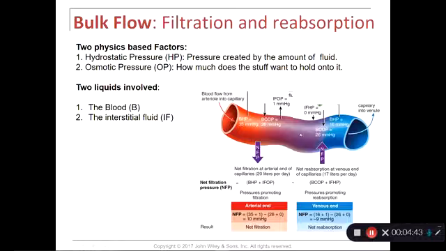But at the end, it's starting to favor pushing stuff back into the blood. The hydrostatic pressure of the interstitial fluid is starting to be a lot stronger than over here, so it's going to push it out. And the osmotic pressure of the blood is going to say, hey, give me that stuff, and it's going to start taking it.